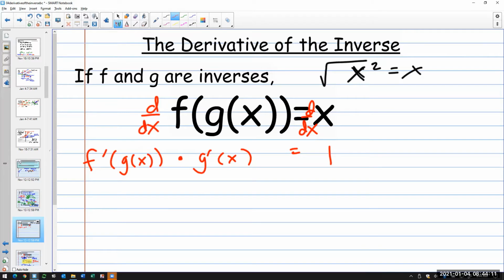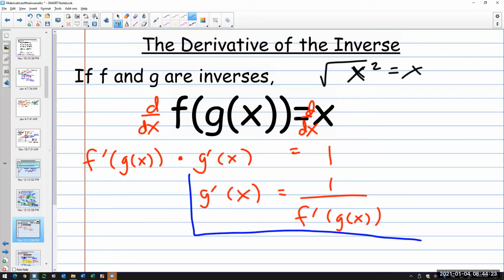So if I try to solve for g prime of x, the derivative of g, isn't that equal to 1 over f prime of g of x? Agree with that. And that is a formula I need you to write down in your formula sheet. I'll explain this formula in a second. It's actually a very easy formula to understand, but it's very hard when you look at it this way.